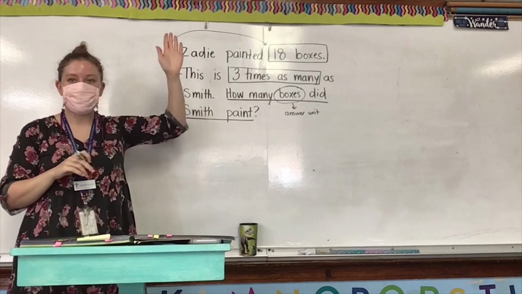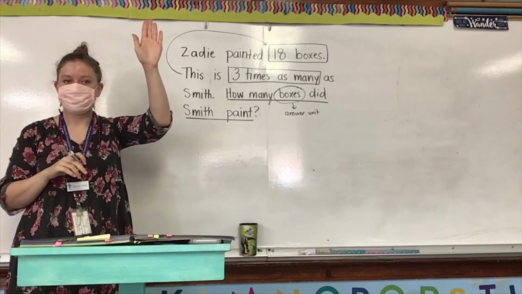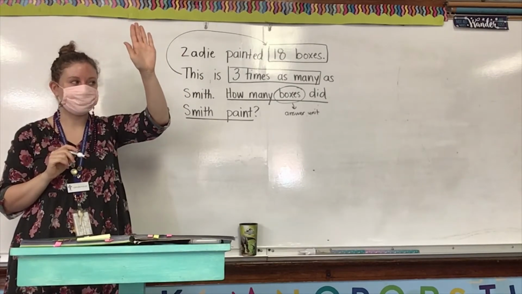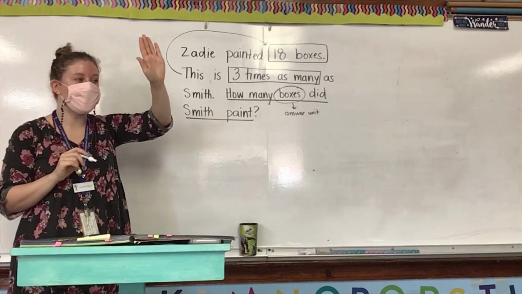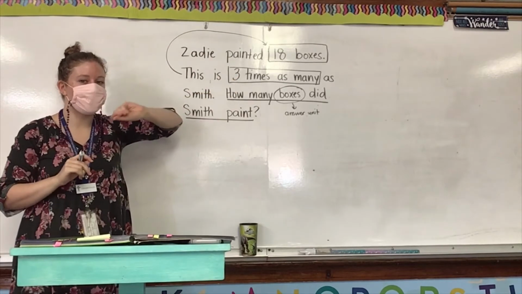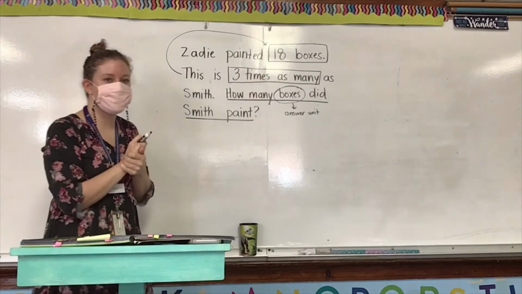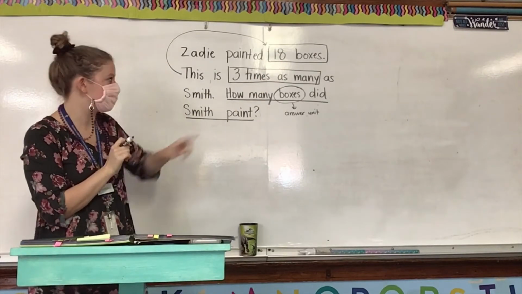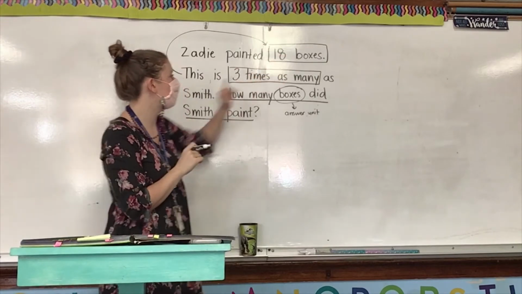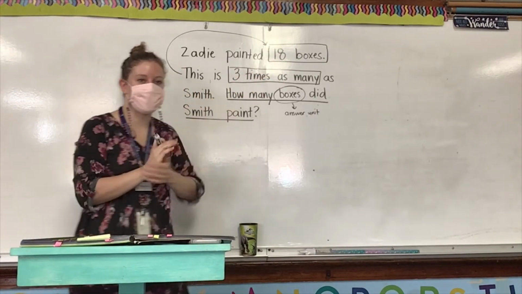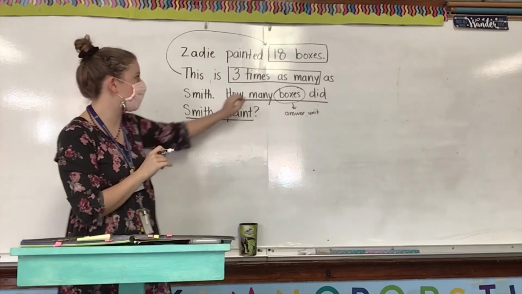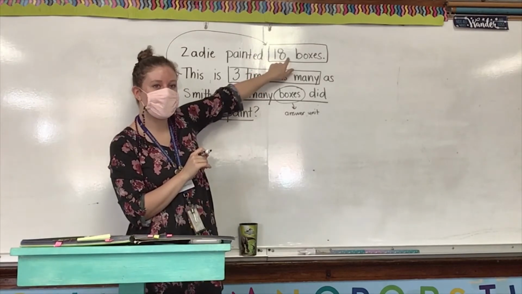Who can tell me what this equation looks like? Cullen, does it tell me I'm going to end up with a larger number of boxes that Smith has or a smaller number of boxes? Since this refers to 18, and 18 is 3 times as many, are we going to end up with Smith having a larger number of boxes than Zadie or a smaller number?